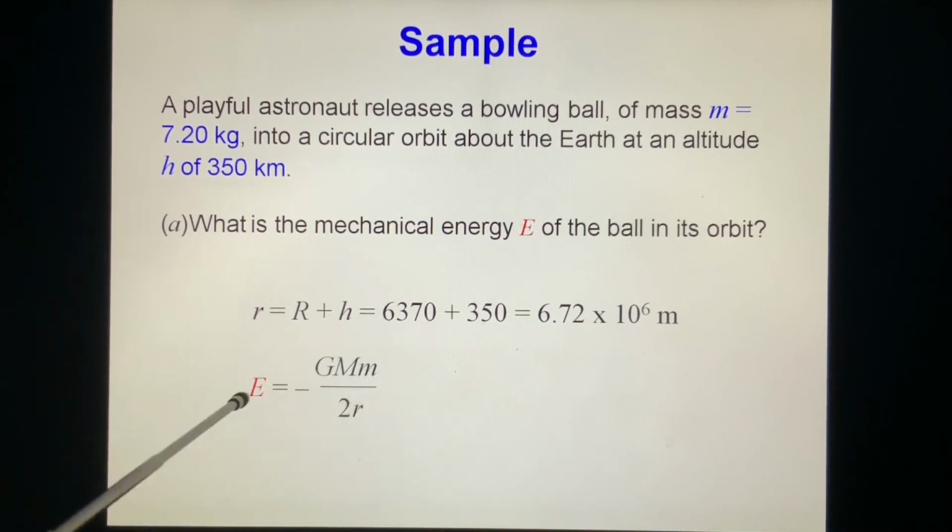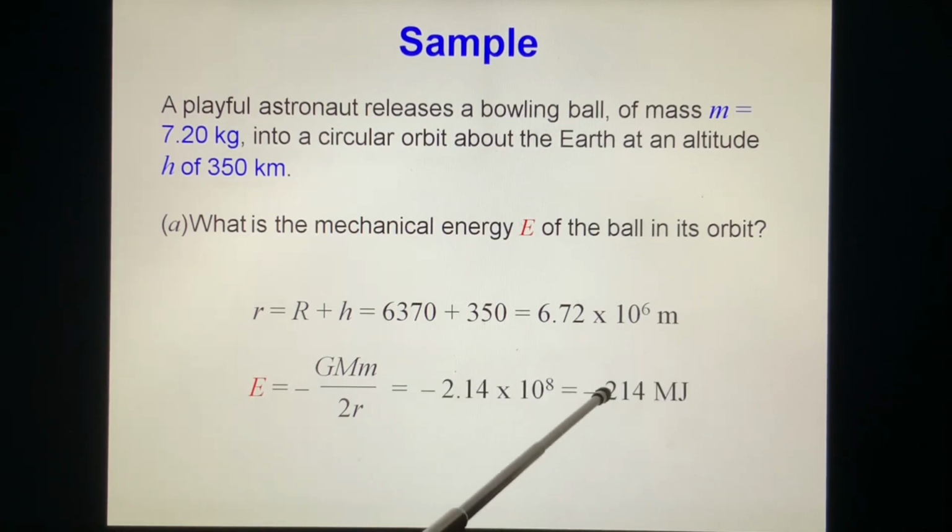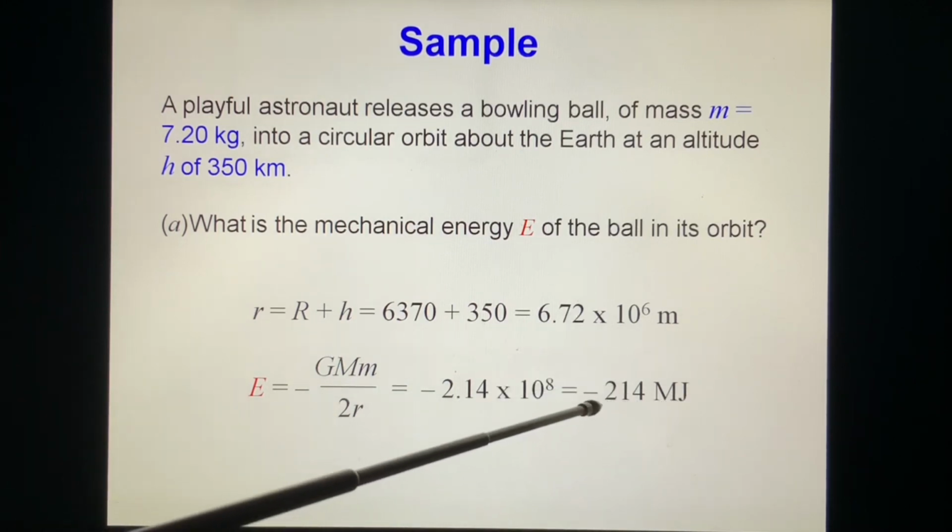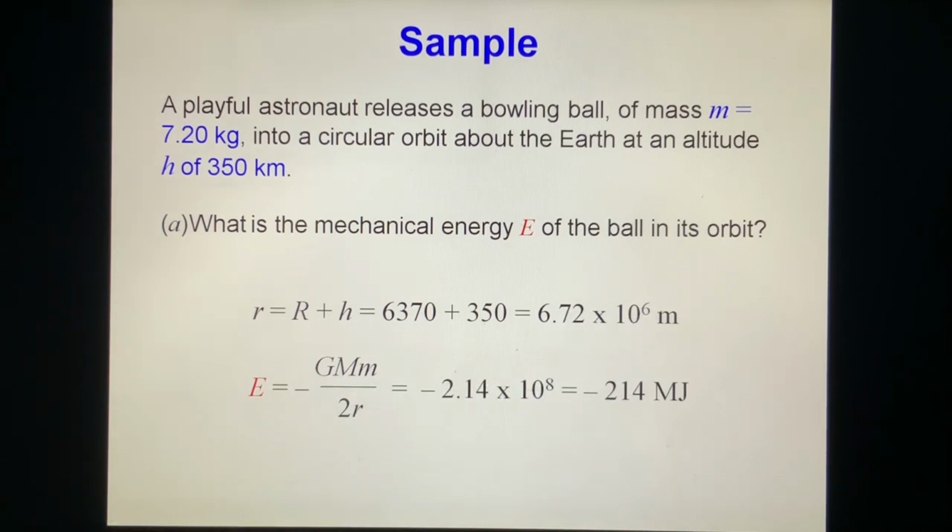We know the total energy equals half U, right? So we put the numbers in, and we get minus 214 megajoules. How come it is minus? Because we set the potential energy to be 0 at infinity. Under that condition, it's a minus.